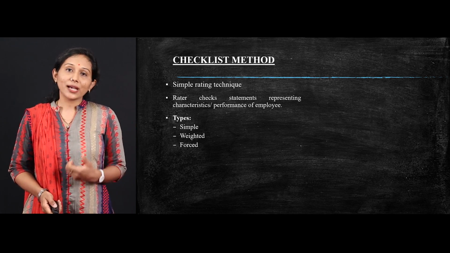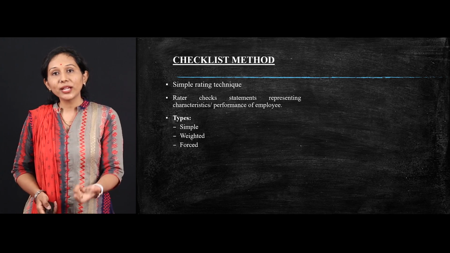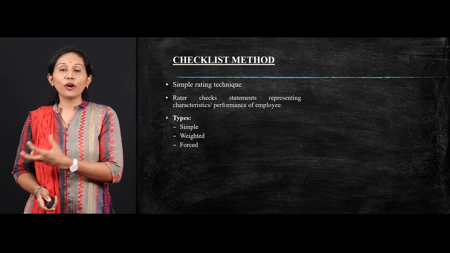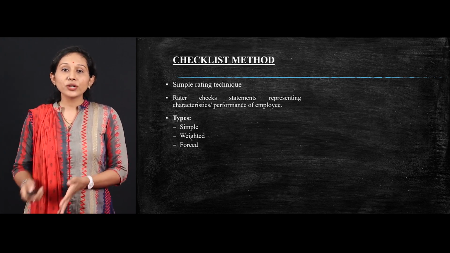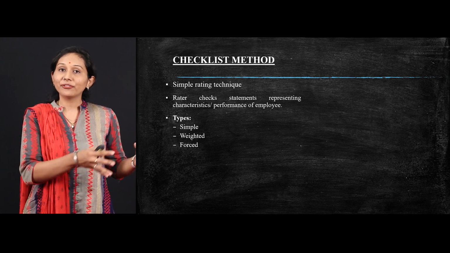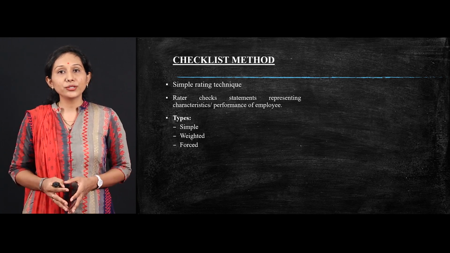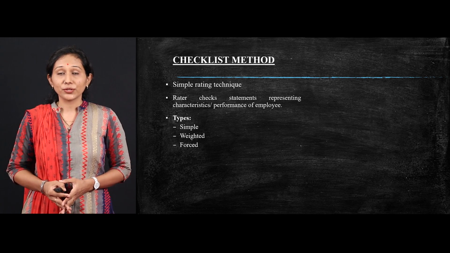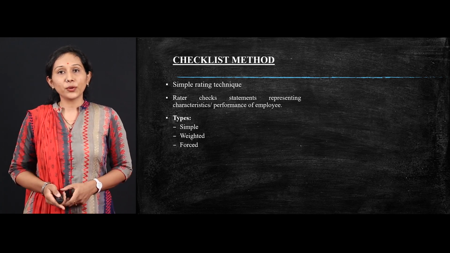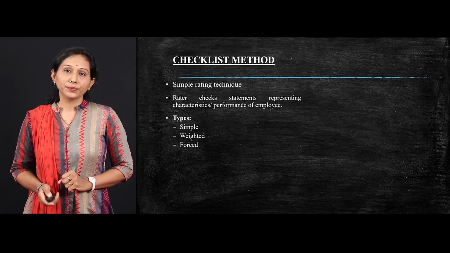In weighted checklist methods, the statements are weighed, that is, assigned weights in the order of preference. And a forced checklist method is wherein certain statements point towards favorable responses and certain point towards unfavorable responses. Very few of the statements are noted as neutral.